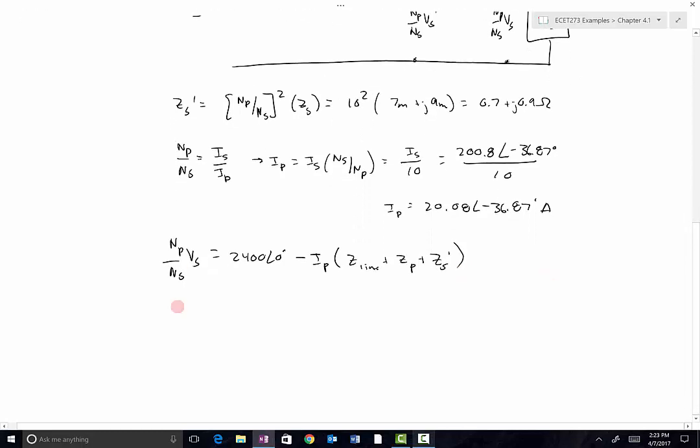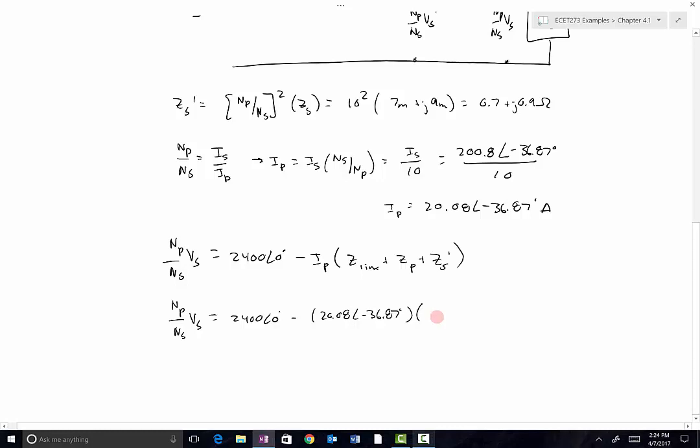So that's going to give us NP over NS times the secondary voltage, which is equal to 2400 at an angle of 0 degrees minus 20.08 at an angle of negative 36.87 degrees times, we need to start summing all this stuff.